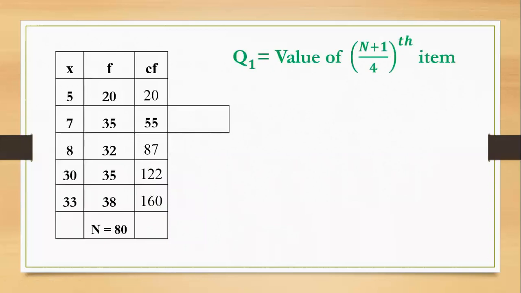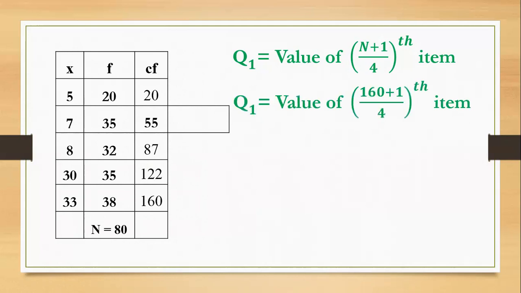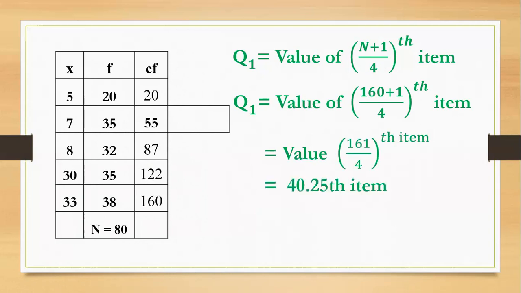Next calculate Q1. We know Q1 equals the value of the (n plus 1) by 4th observation. N is 160, so 160 plus 1 by 4th item, 161 by 4, which is 40.25th item. In the cumulative frequency we look at the value corresponding to 40.25, and we should not go below; only equal or above. 40.25 is near to 55.